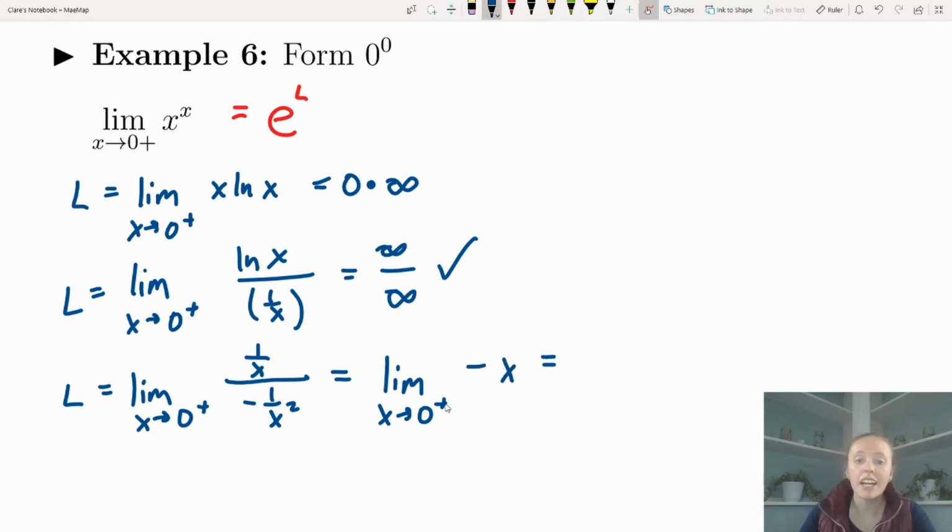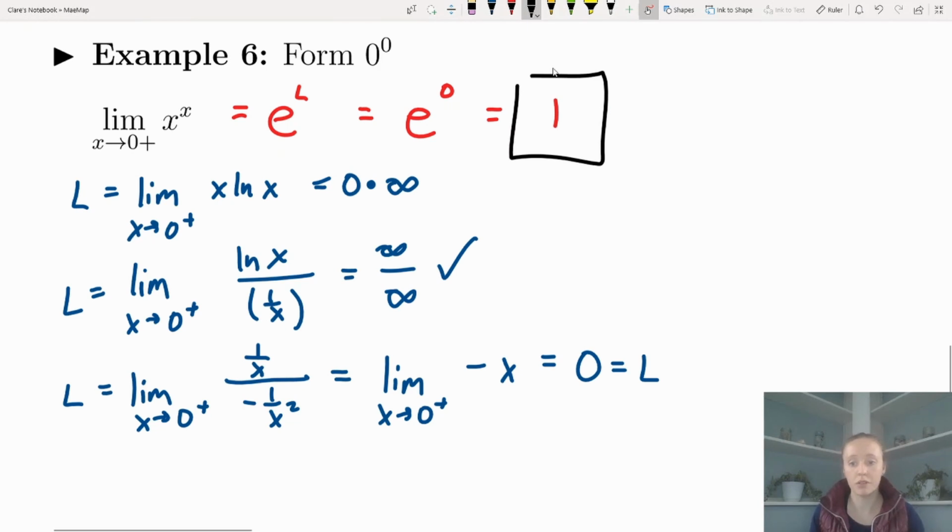Simplifying that down, if we're plugging in 0 for x, that just goes to 0. But remember, this is what L is equal to. So our overall limit is going to be equal to e to the 0, which is 1. So 1 is our solution for example 6.